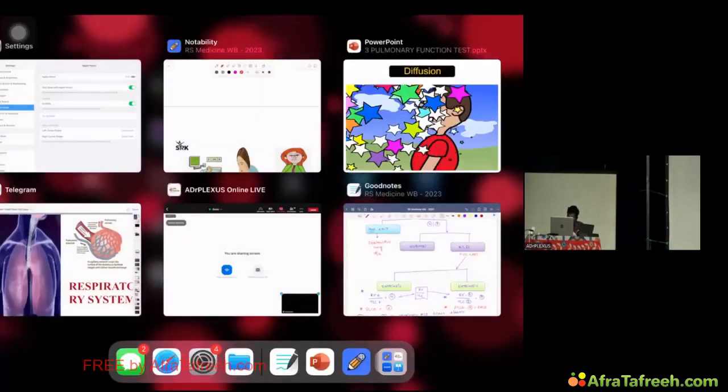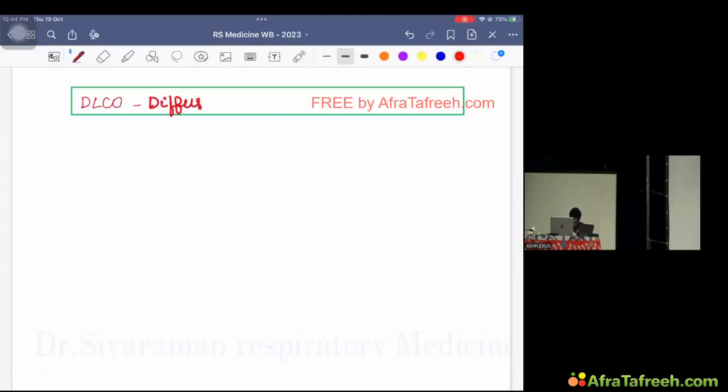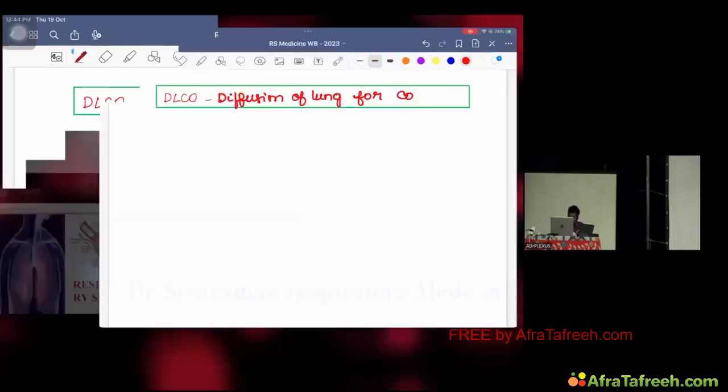DLCO is diffusion of lung for carbon monoxide. Why is this DLCO important?